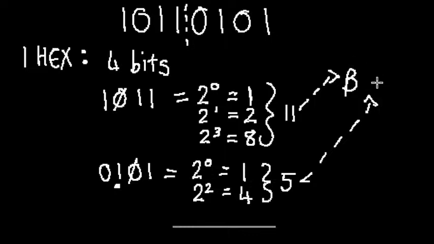Now, 5 in decimal is basically 5 in hexadecimal. So now we've taken a binary number of 8 bits or 1 byte, and we see how we can convert it to 2 hexadecimal digits.